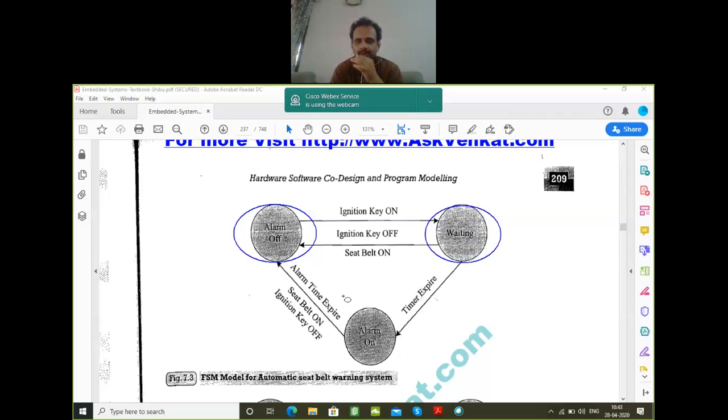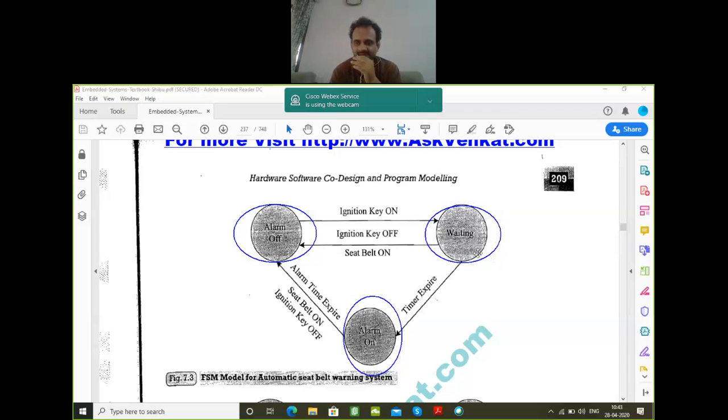Three nodes are shown here and they are connected to each other. So alarm is off. When is the alarm off? Alarm is off when the car is off. When you turn on the car, the alarm will wait for 5 seconds.